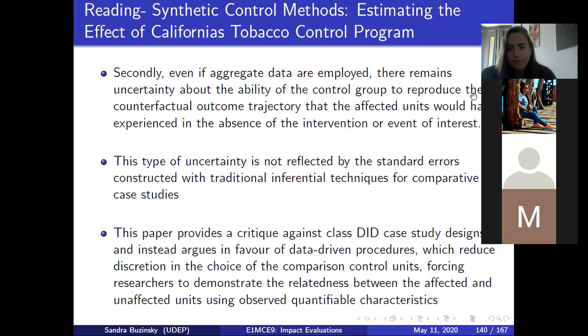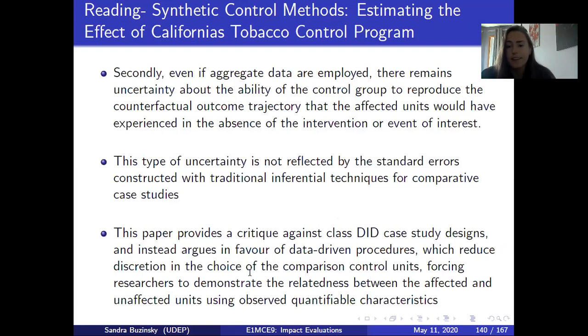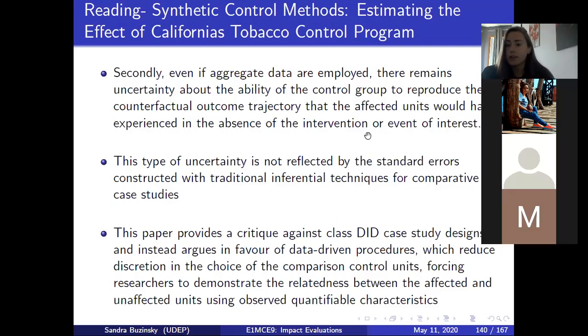Okay, so this paper is offering a synthetic control comparison. It's definitely offering a critique against the classic difference in difference case study design, and really pushes towards favoring a data-driven procedure, which is basically forcing the choice of the comparison group to be a function of how related the affected and unaffected units are based on characteristics that you can actually measure.